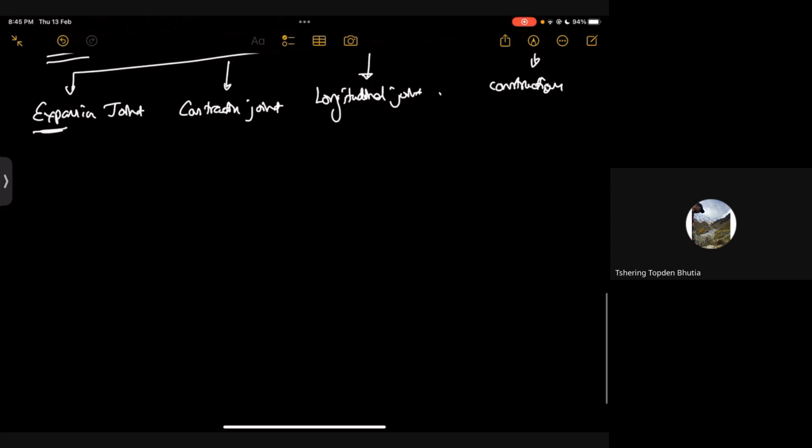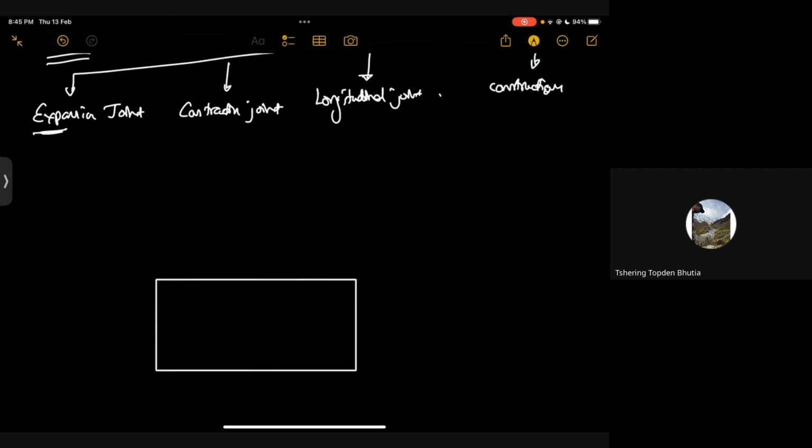So I'll just draw a small diagram. Okay, you have a rigid pavement, for example. Basically the direction of movement. So you got the direction of movement and the transverse direction.